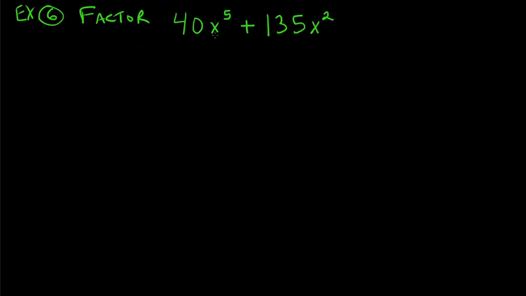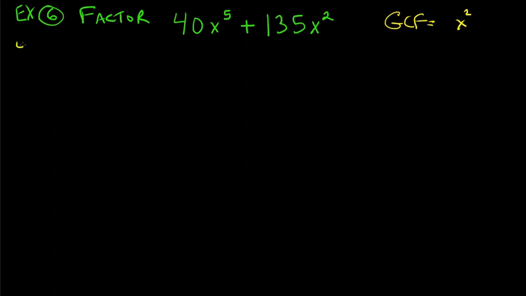The GCF here is not 1. What should tip that off is the fact that these aren't cubes. There's no power of 3 here. So that means we should at least be able to factor out an x squared. But what about the 40 and the 135?